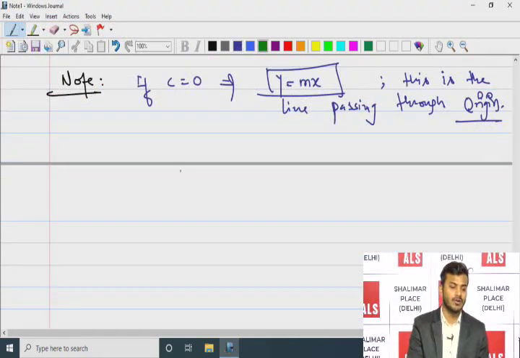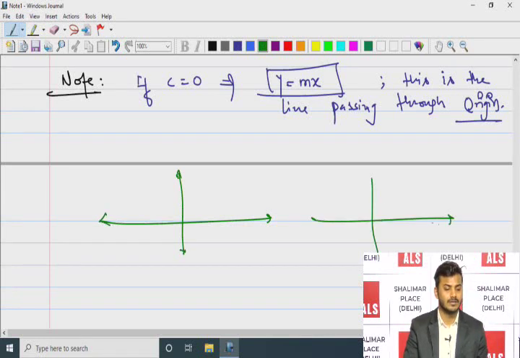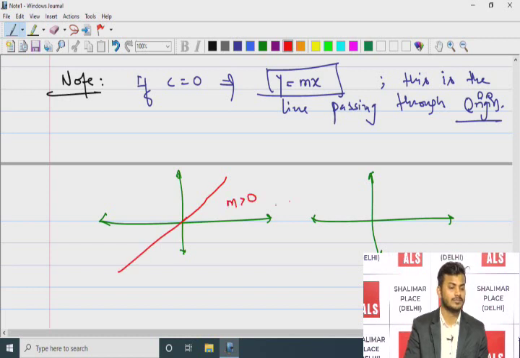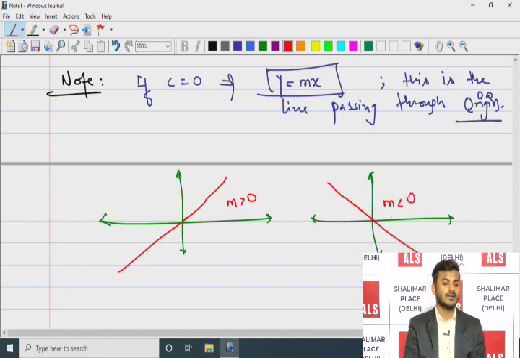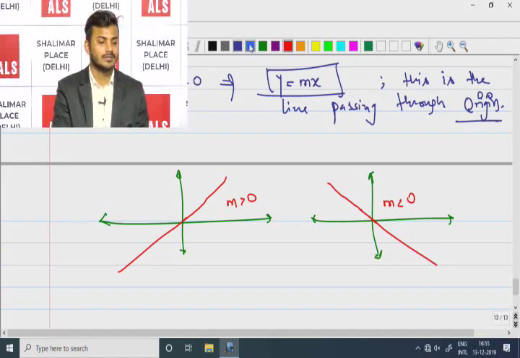How will these lines look? Something like this. Something like this. This is when M is positive. This is when M is negative. Right? Slope negative, slope positive.